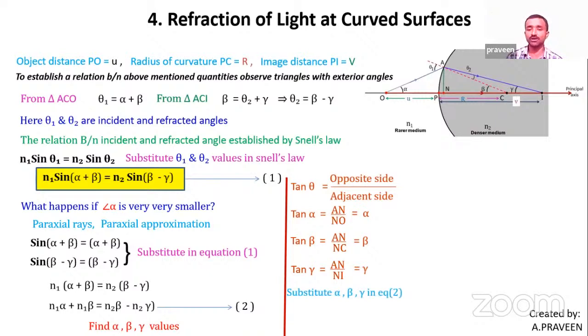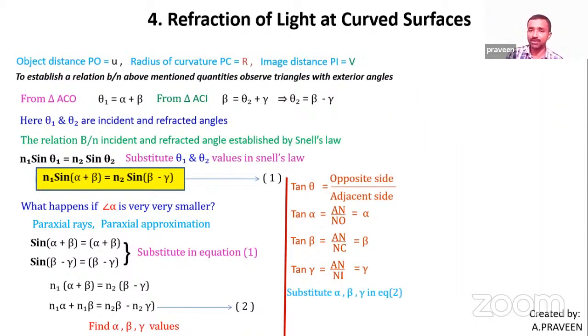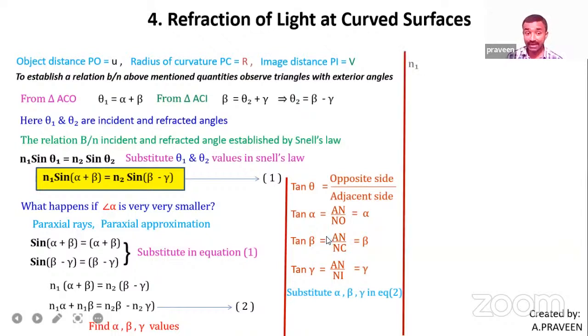Then what happens? Observe. Now substituting the values in relation 2: n1 into alpha, and alpha equals AN by NO, substituted.